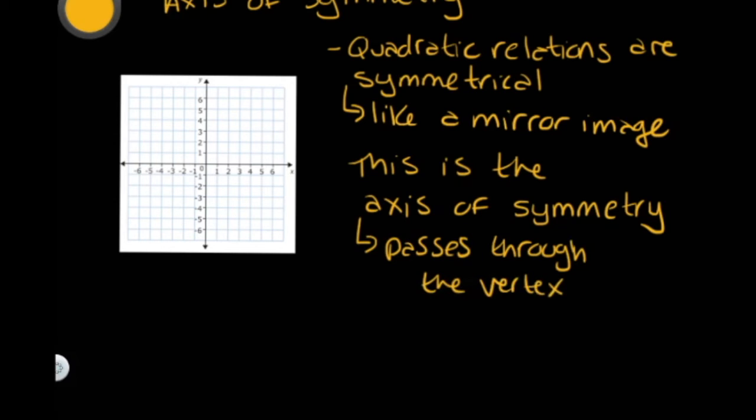So for example, let's say that we have a parabola that hits right here. I'll do my best to draw this for you. I'm going to get these points on here.